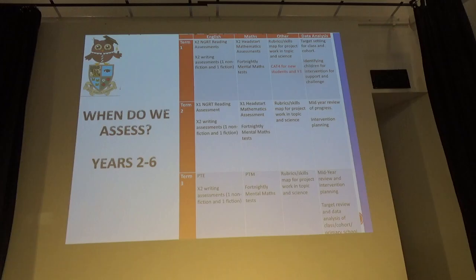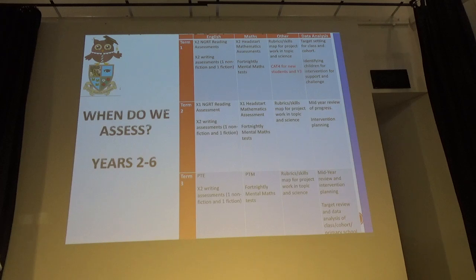So we basically took all of the end-of-year assessments from last year, and we've looked for trends, we've looked for targets, we've looked for areas of strength that we need to keep on doing. We've looked at children who we really want to focus on for intervention, children we really need to focus on for challenge, and we have made a plan for our year groups, for our classes, for individual children, and we did that back in the beginning of September.